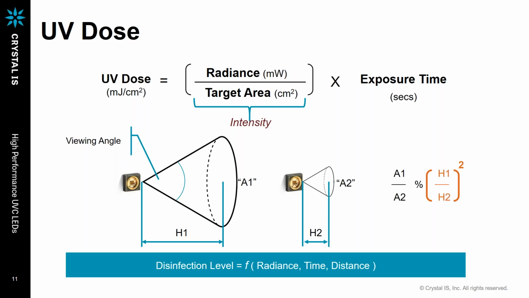But if you are much closer, at H2, it will cover only area A2, so the distance plays a very critical role. At the bottom, disinfection level is basically a function of radiance, time, and distance. So we can really use that to our benefit.